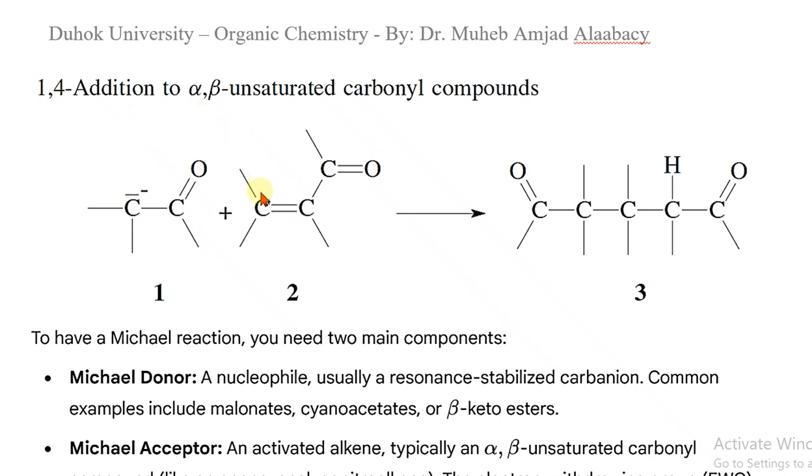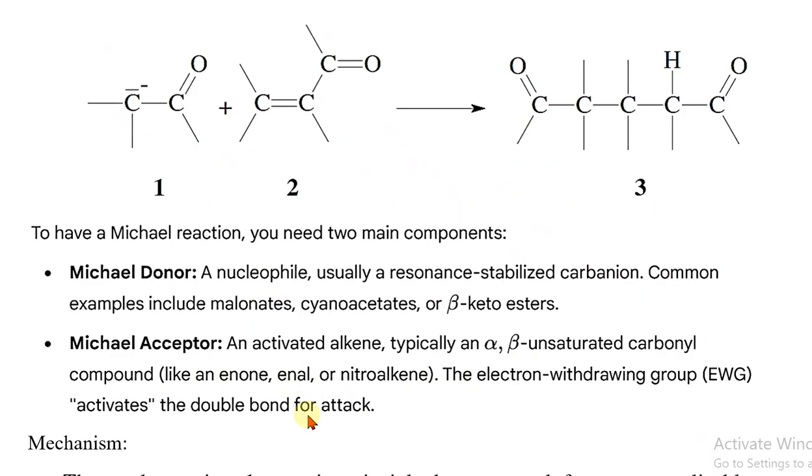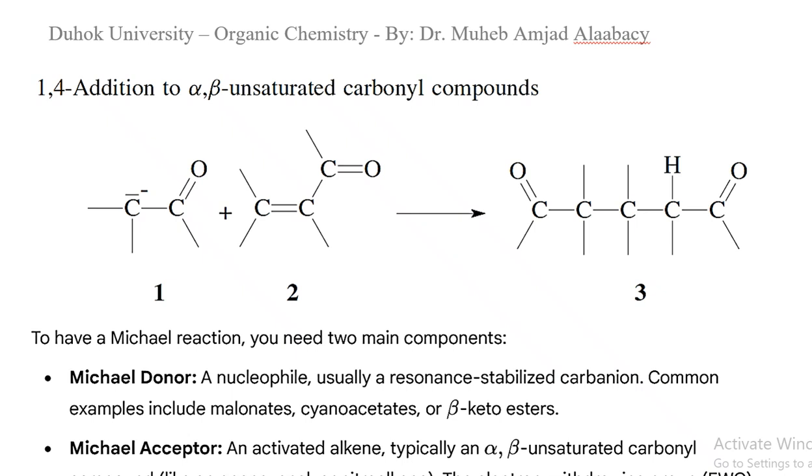The carbanion will be added to this carbon, and this will be converted to here. I will explain the mechanism to give you this compound. If you look here, 1, 2, 3, 4, 5, a 1,5 dicarbonyl compound.